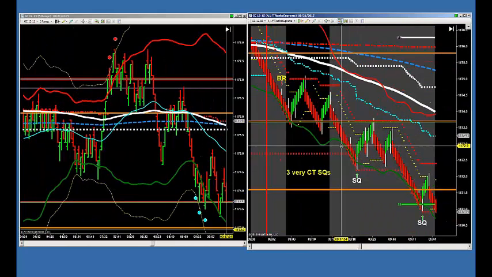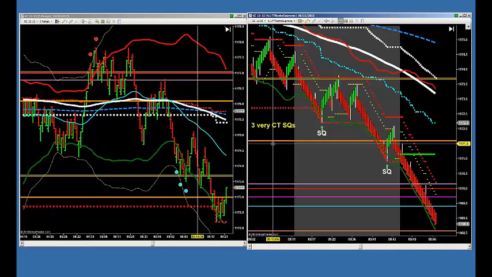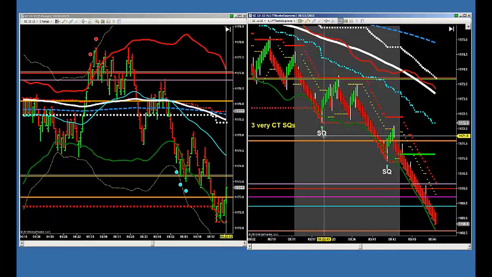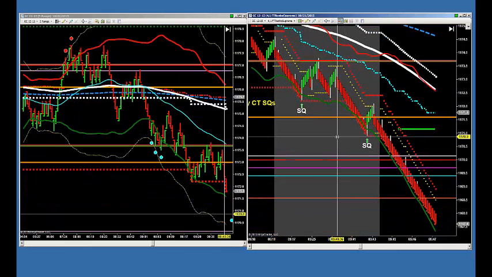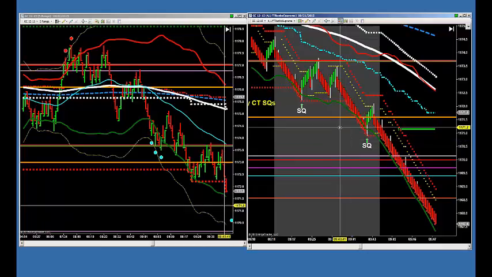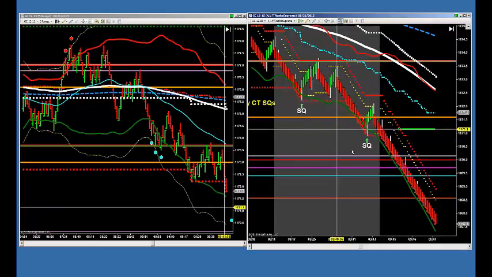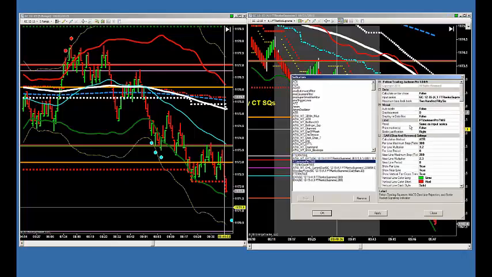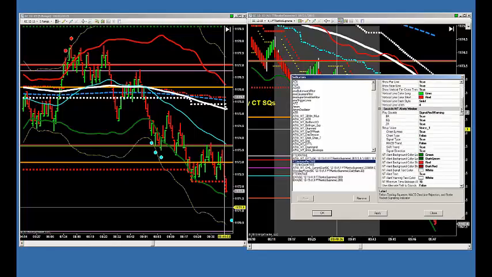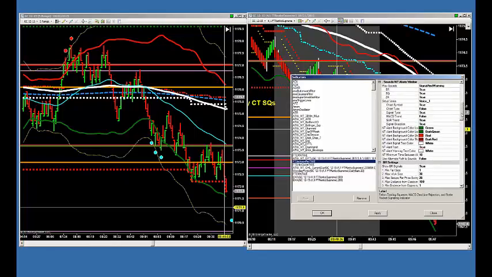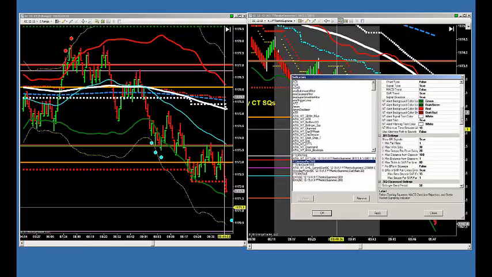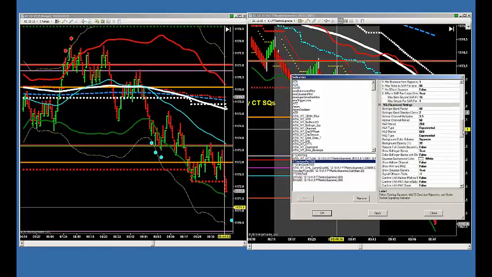We get going here. We've got some very counter-trend SQs. And I'll tell you one of the things I like to do on my indicators, just so you'll see a few more of these. Actually, shortly before I was doing this presentation, my computer crashed, so I lost a little bit of a setting. These are the squeeze settings.